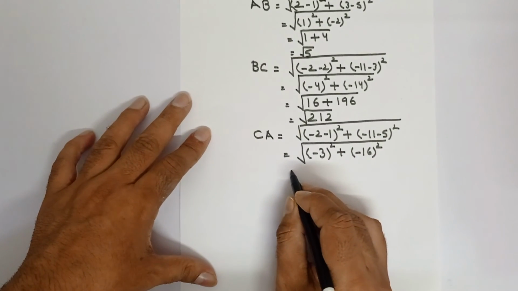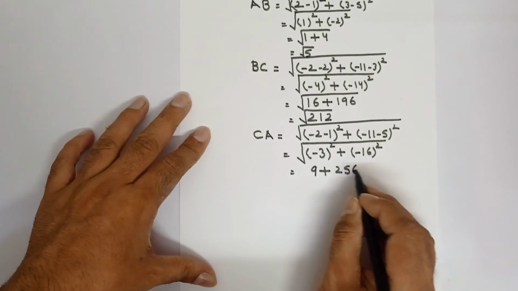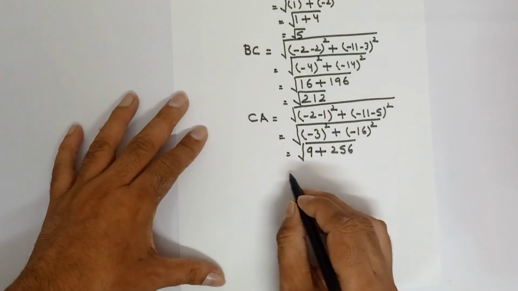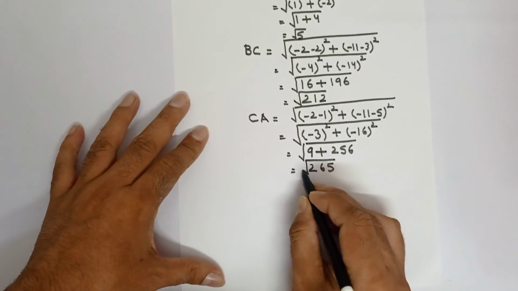What is -3 square? It is +9. -16 whole square is 256 under root. So 256 and 9 when you have added, you will get 265 under root.